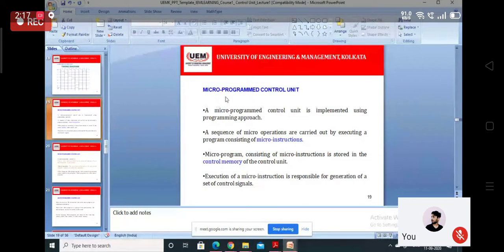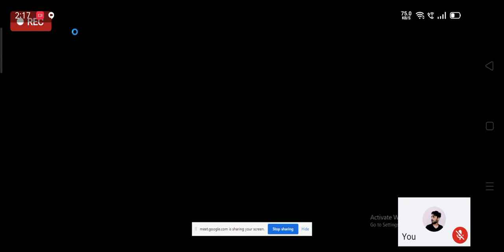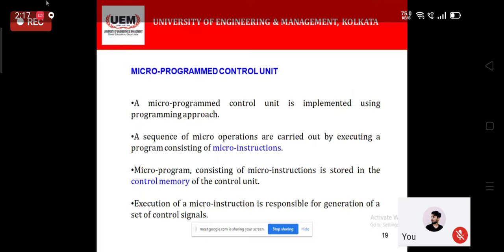This microprogramming control unit consists of a control memory. If you draw the diagram of this, you can find out. I have written many of the things in the slides, but the meaning is what I'm telling you all. If you feel anything needs further clarification, you can just tell me freely. Now in this type of control unit, you have some control memory.